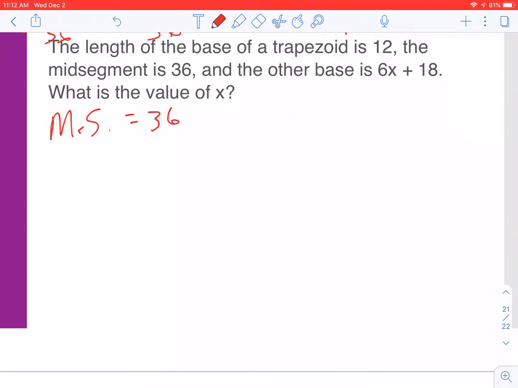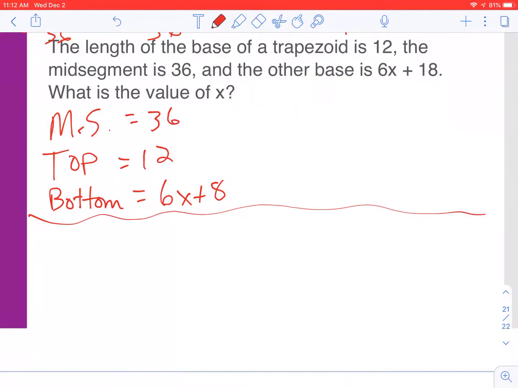You are going to list out the top, which is 12, and you're going to list the bottom, which is 6x plus 18. Here's your equation. And now I want you guys to solve this.